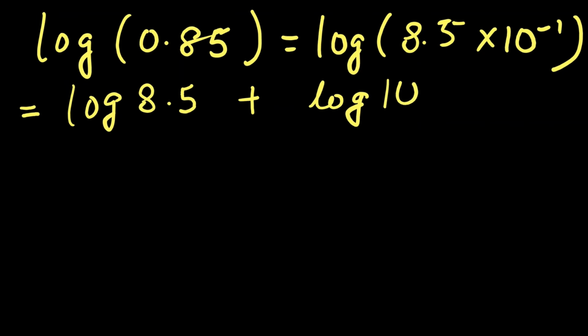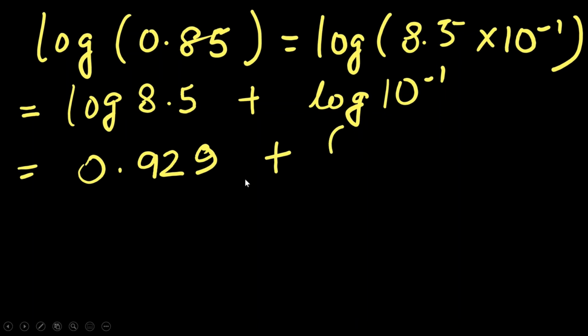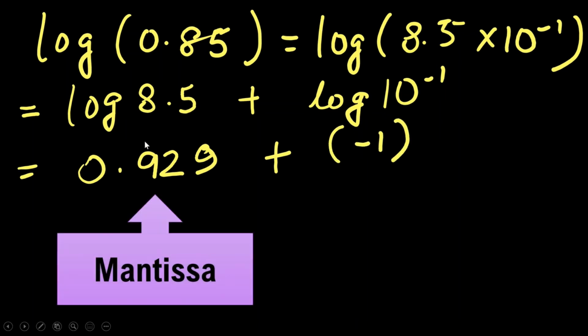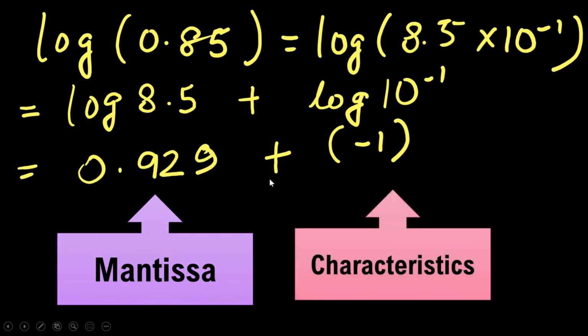We have seen that log of 0.85 can be written in this format, then we use the product law and find the value as 1 bar. This part, log of 8.5, we call the mantissa, and this part, minus 1 or 1 bar, is the characteristic. But the actual value of log of 0.85, if you use your calculator, comes to be minus 0.0706.